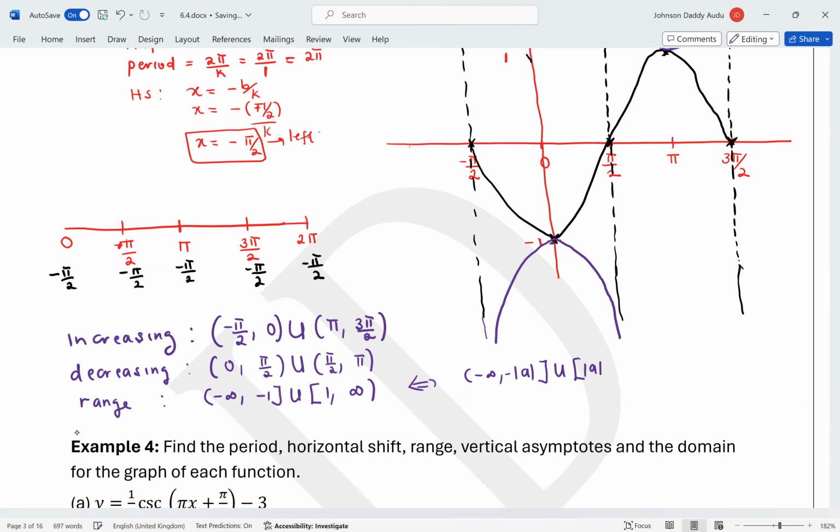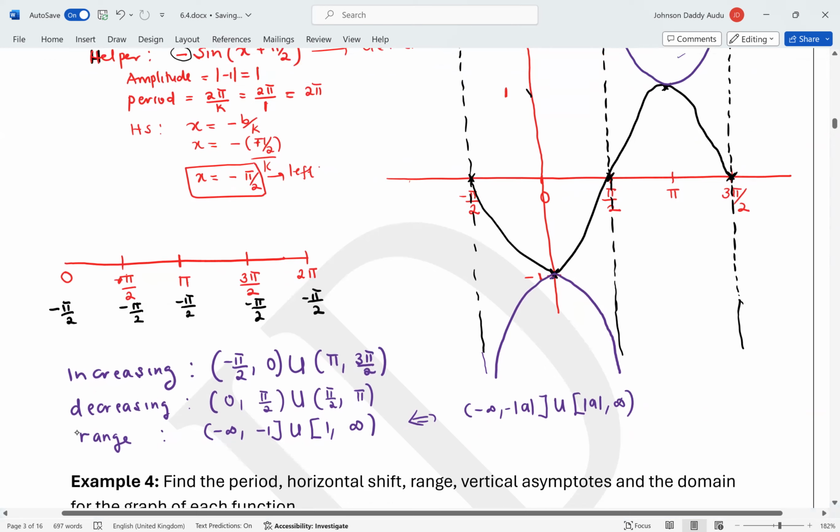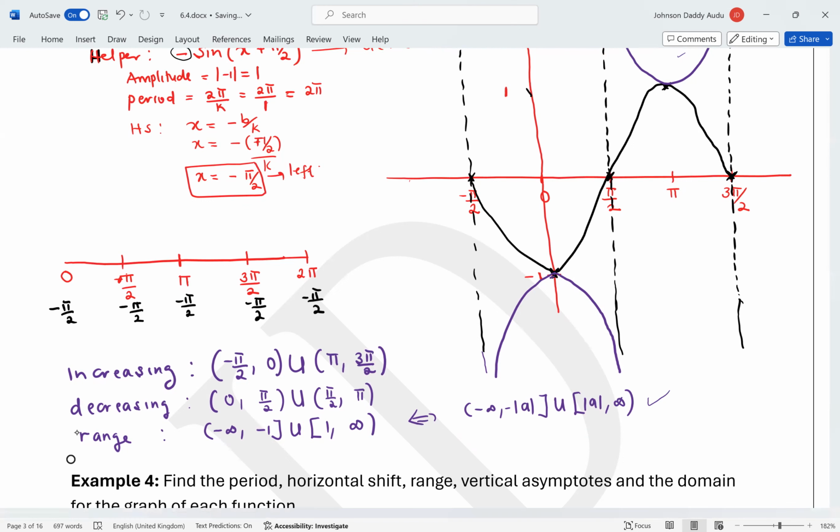And then I think this one, then you can have plus C if you have a C, but if you don't have a C, then in this case, there is no C, so this formula will do the job. All right, so this is how to sketch the graph. Now, this is the range.